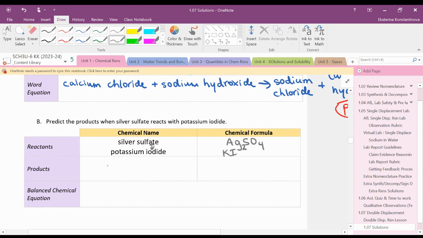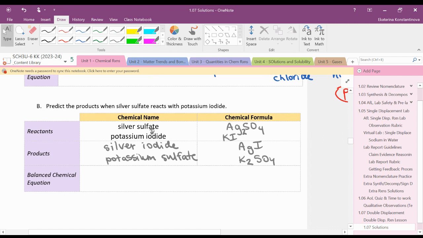So you're going to have your products to be silver iodide and potassium sulfate. Now silver iodide is AgI because they have a charge of +1 -1. Potassium sulfate is K2SO4.